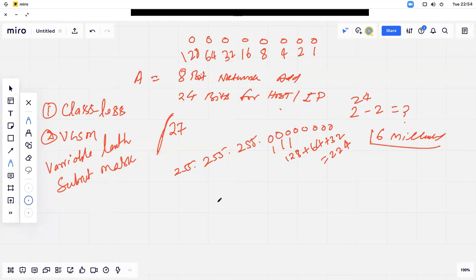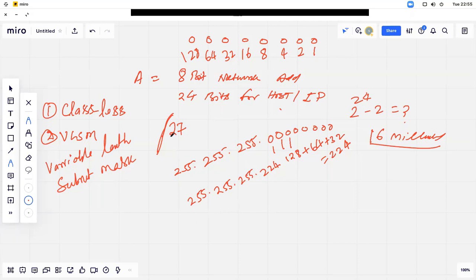So after borrowing 3 bits from the next octet, the new subnet mask will be 255.255.255.224. Now we have 5 bits remaining in the last octet.